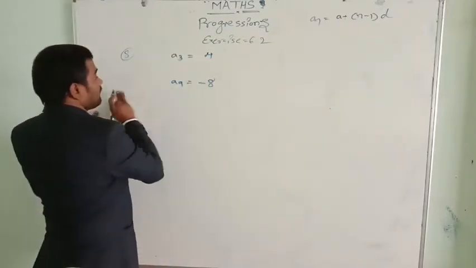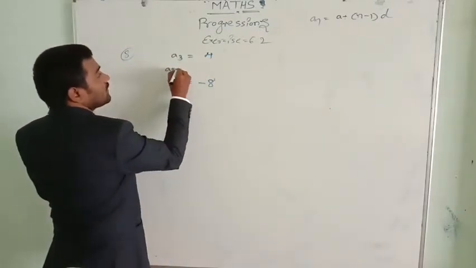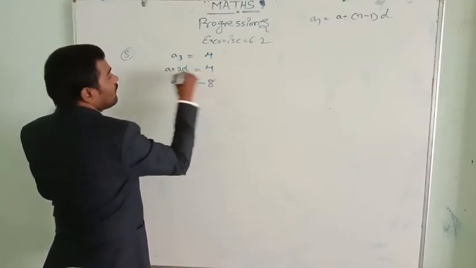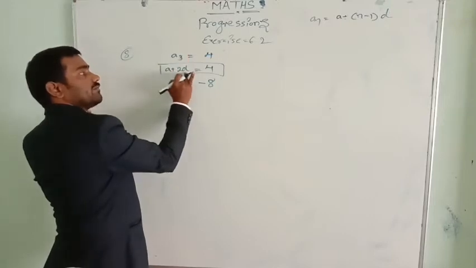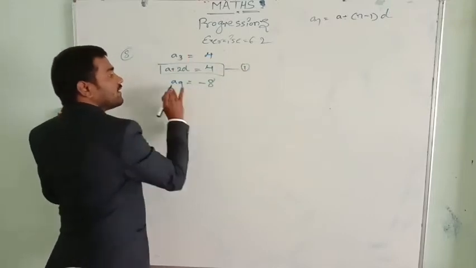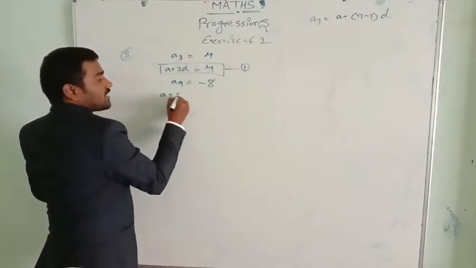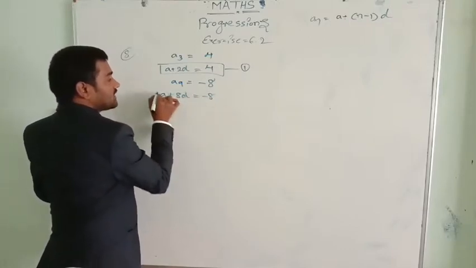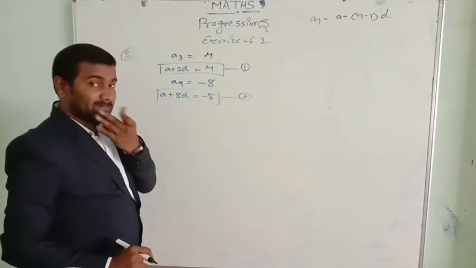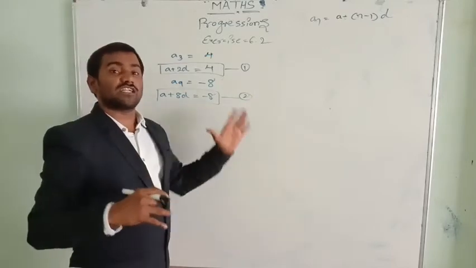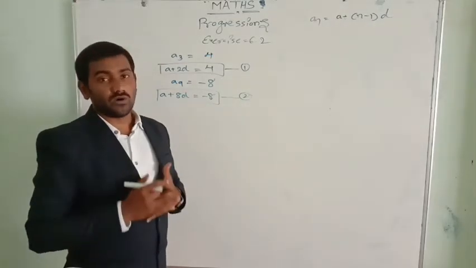The third term: a plus 2d equals 4. Equation number 1. The ninth term: a plus 8d equals minus 8. Equation number 2. Which number of term of this arithmetic progression is 0?